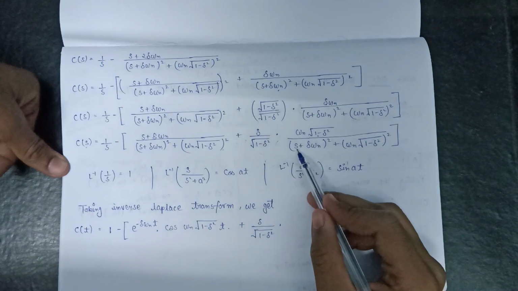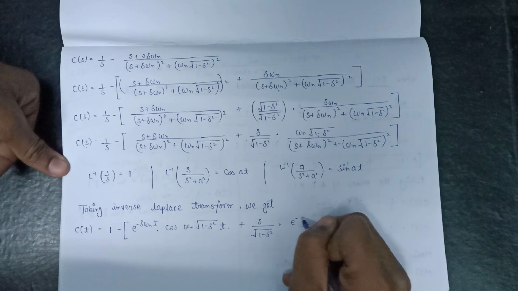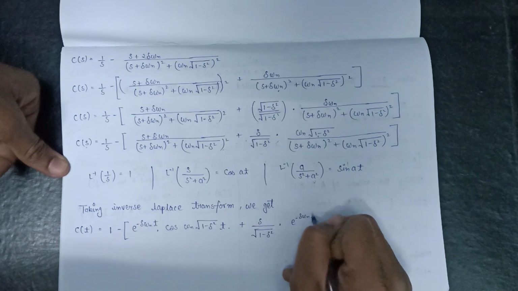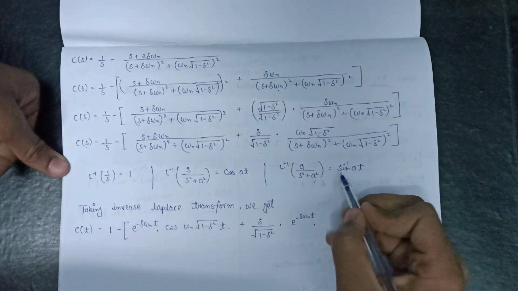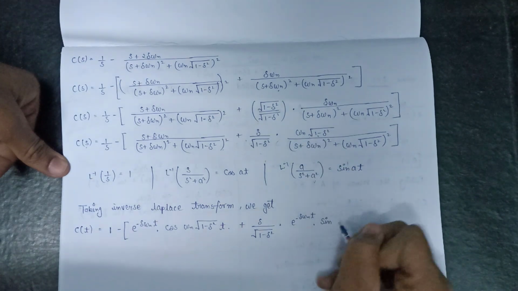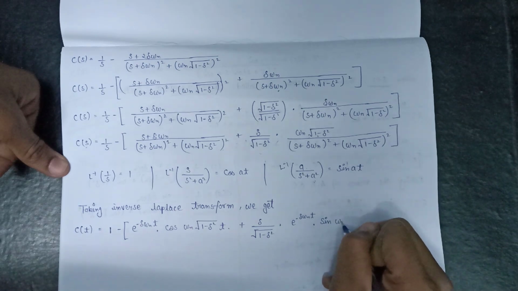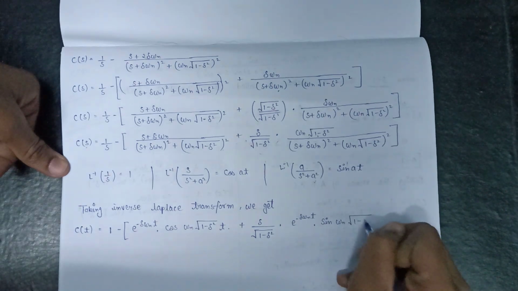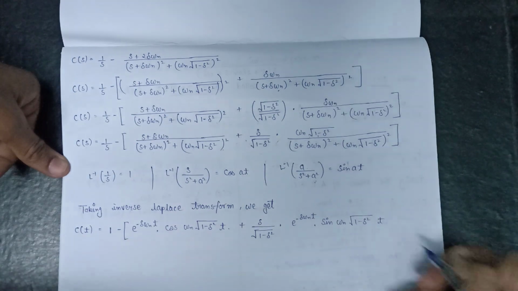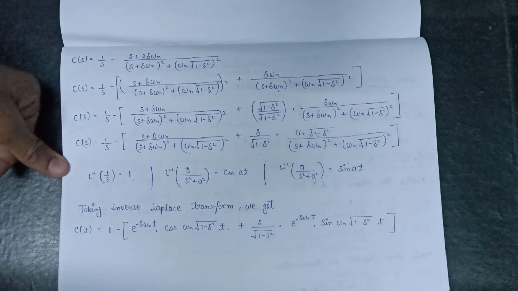Since s is combined with s plus del omega n, that's why we have to write firstly e to the power minus del omega n t. After this the inverse Laplace transform of this term will be sine of at, and here a value is omega n under the root 1 minus del square t, and closing bracket.